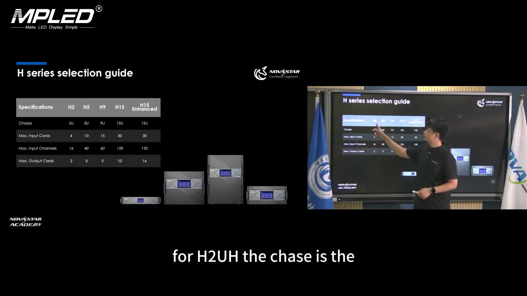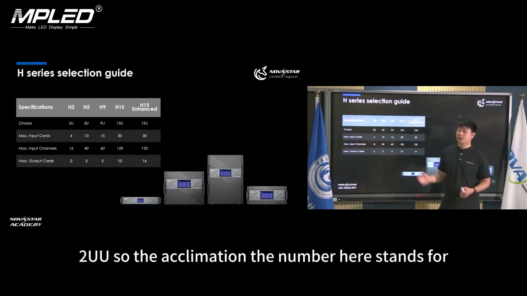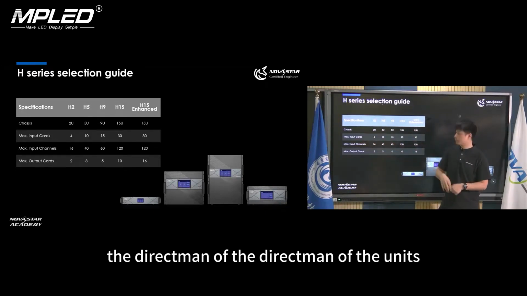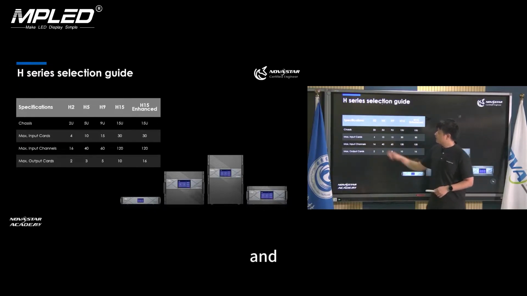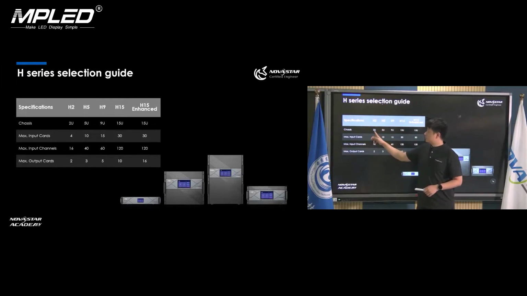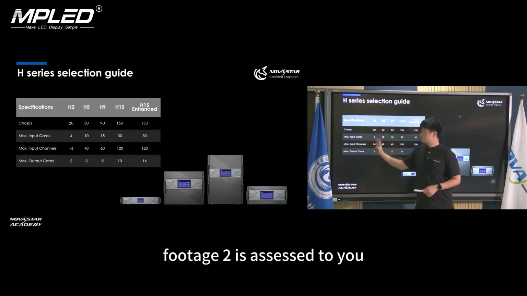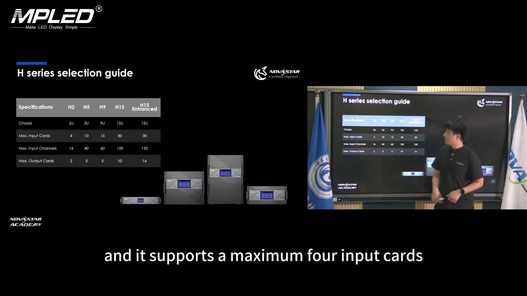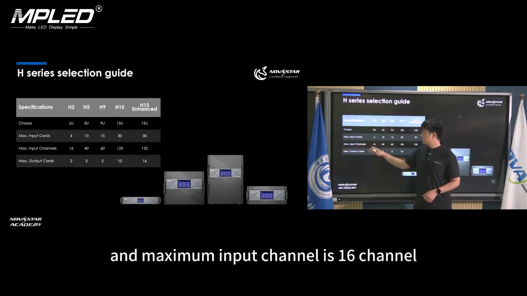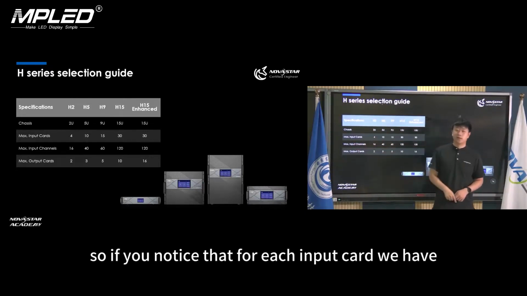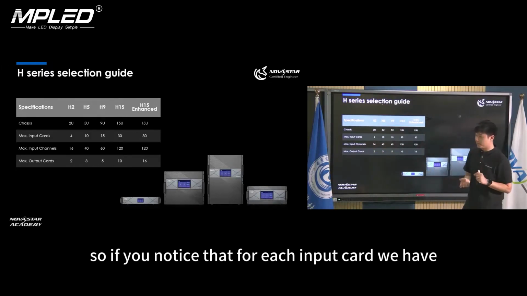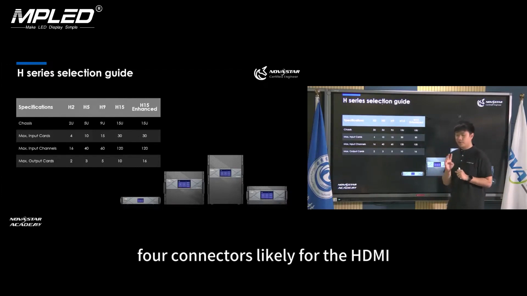For H2, the choice is 2U. Like I mentioned, the number here stands for the recommended rack units. The H2 is 2U, and it supports a maximum of 4 input cards, and the maximum input channel is 16 channels. If you notice, for each input card we have 4 connectors.